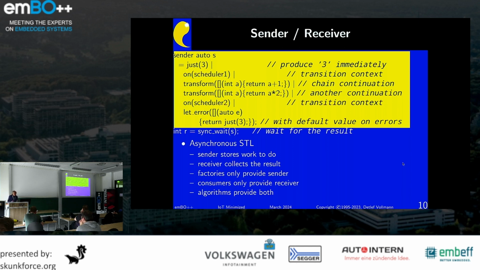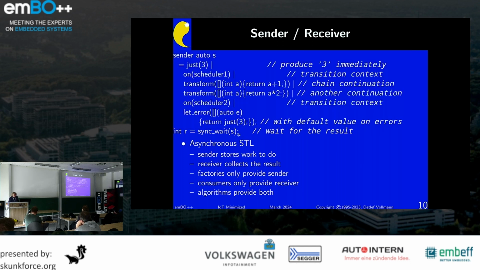And that's it. Now everything here to do is encode it at compile time into this object S. And now at runtime I can start that. Well, the most boring thing is just run it and wait for it, which would be the sync wait.